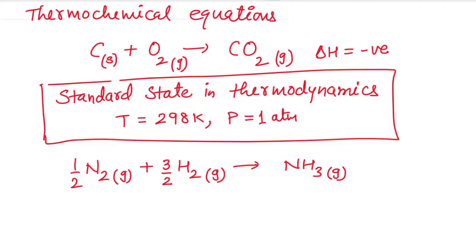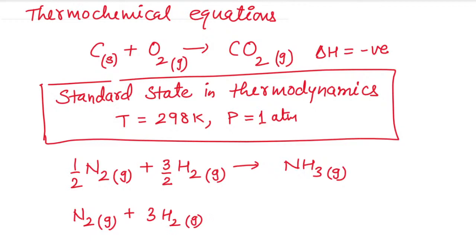Half mole of nitrogen gas can react with 3/2 moles of hydrogen gas to give 1 mole of ammonia gas.